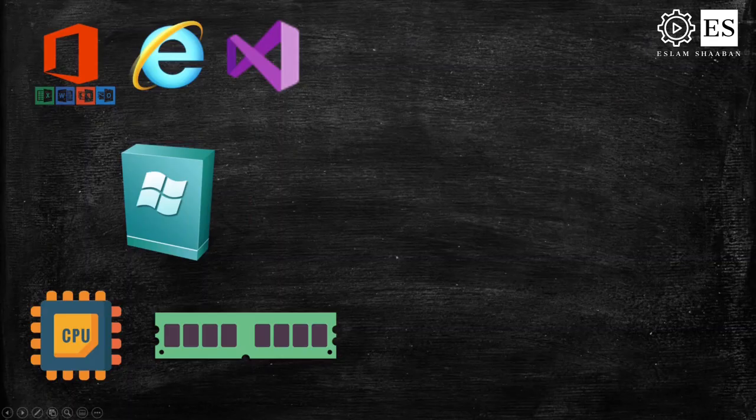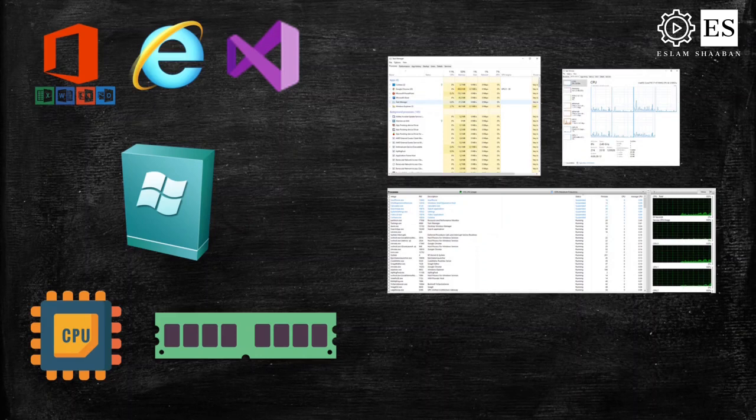As all applications run via the operating system to interface with the hardware, that means the operating system, Windows in our case, decides the percentage of each application's process share on the hardware, like CPU and memory. The operating system decides which process has the priority to be executed right now and which process should wait.